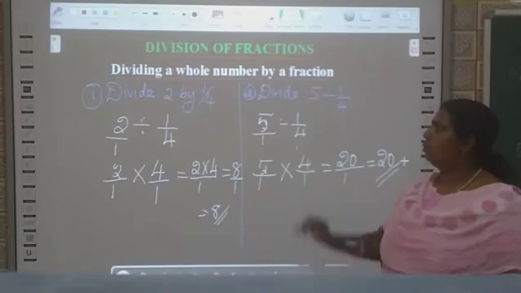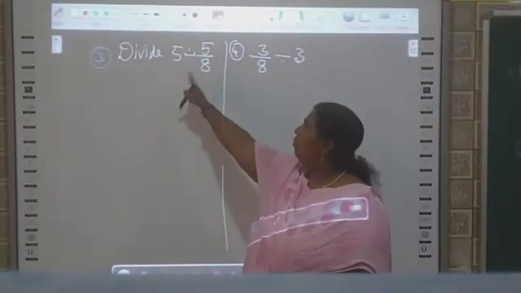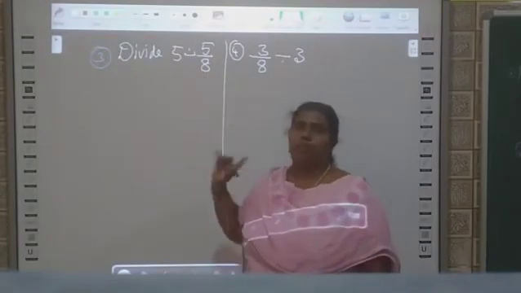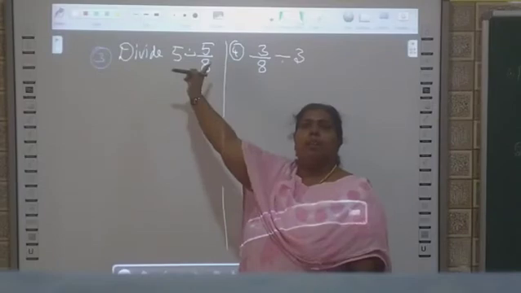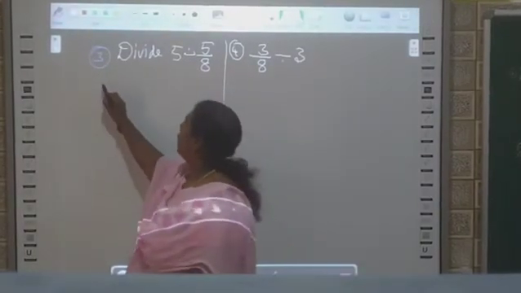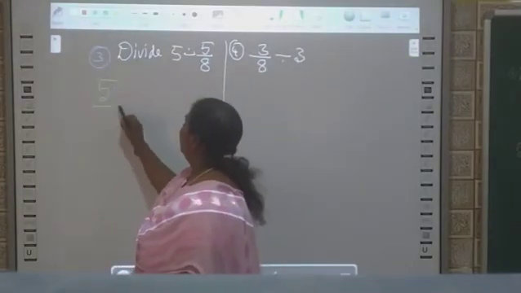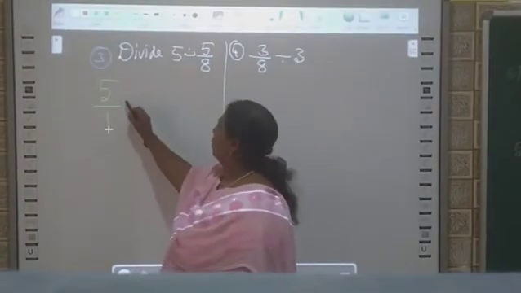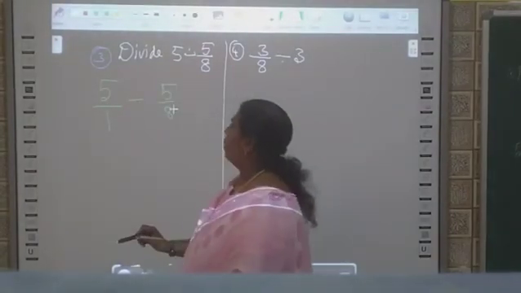Understand how to divide? Next example, divide 5 divided by 8. Here one whole number is there, and here one fraction. The whole number 5 is written as 5 by 1.